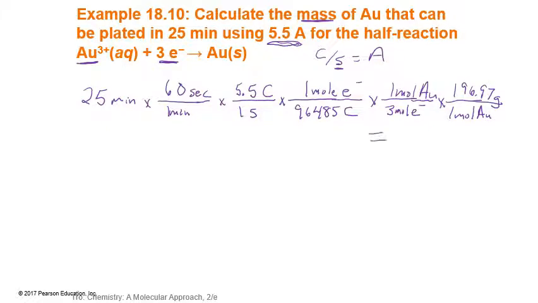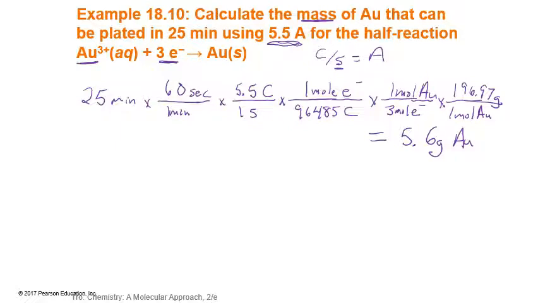And so we can find that our mass is 5.6 grams of gold. So for 25 minutes at 5.5 amps, we can electroplate 5.6 grams of gold.